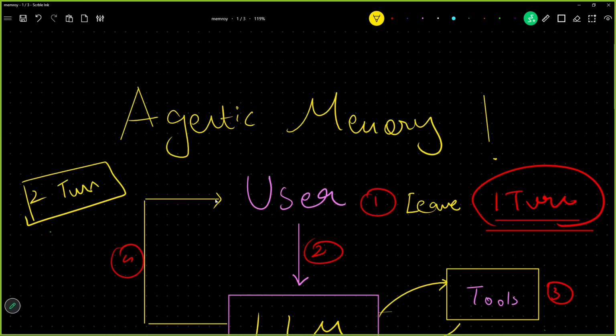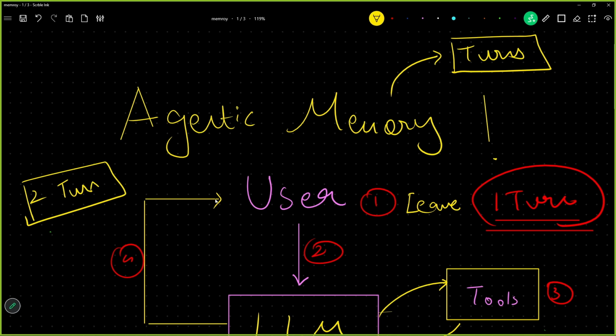In agentic memory, the AI is remembering the information in turns, because in every turn there will be a user message, AI message, system message, and tool message. So the AI has to not only remember what the user gave, but also what the instruction was and what the tool information was and everything. So the AI has to remember not messages, but turns.